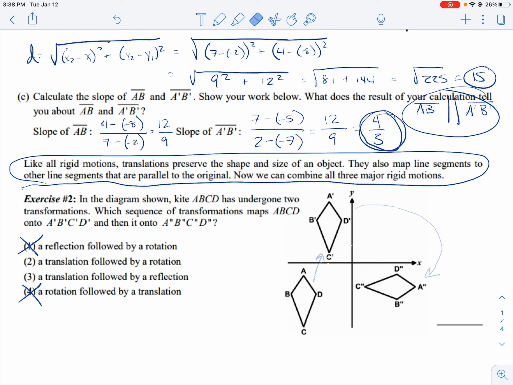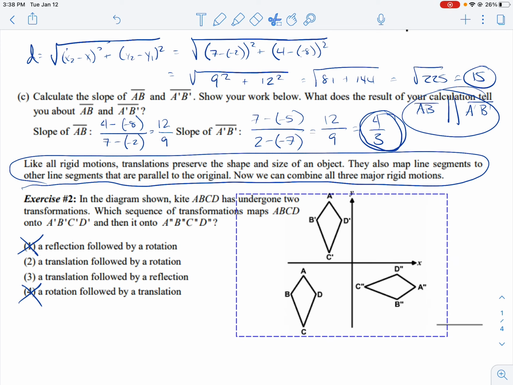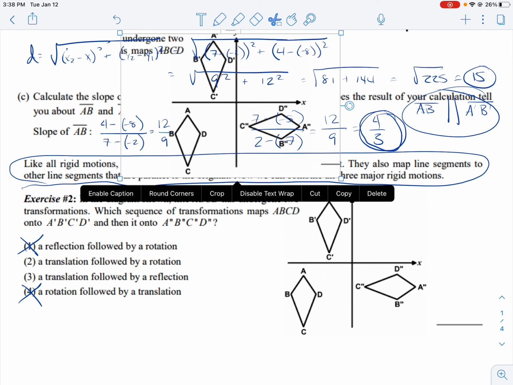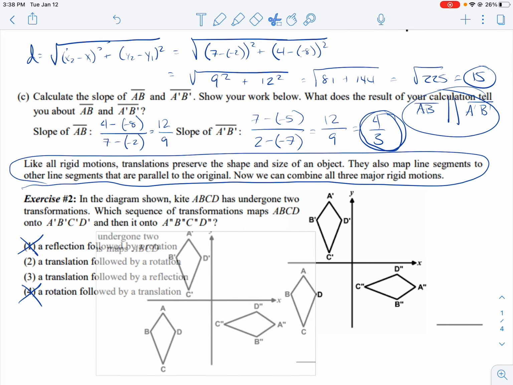So sometimes when you're answering multiple choice, the easiest way to answer that is answer the ones that can't be true, okay? So now the question is, all right, is it 2 or is it 3?